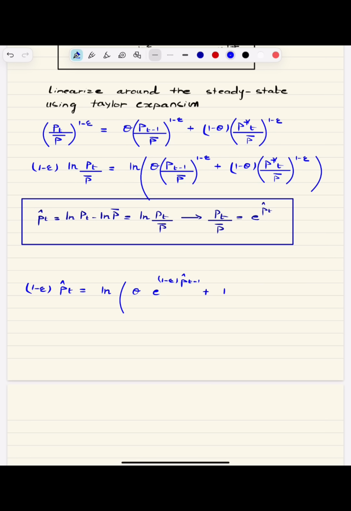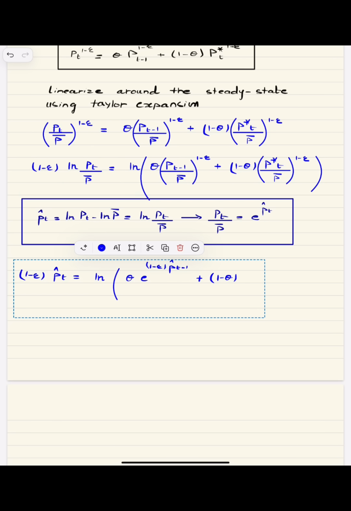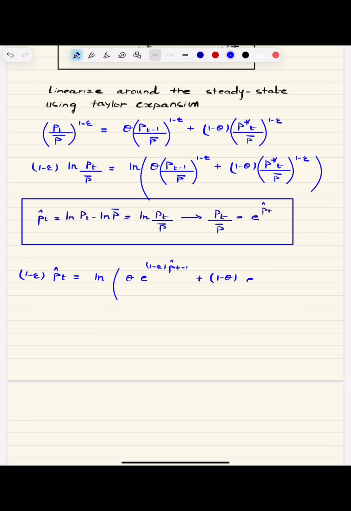Similarly, I'll have a 1 minus theta, 1 minus epsilon, and this becomes p-hat star_t this time. It's difficult because I keep losing track of what I have to do because I'm speaking at the same time. Okay, so far so good. Now what?